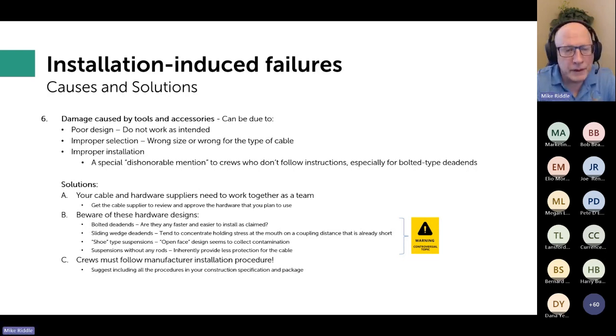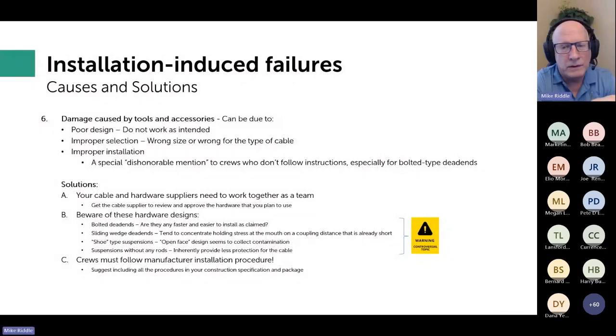What crews will do often is they'll get a ratchet gun and zip up one side and zip down the other side. And what ends up happening invariably when they do that is that the keepers end up cocked. And so the dead end will not develop full holding strength.